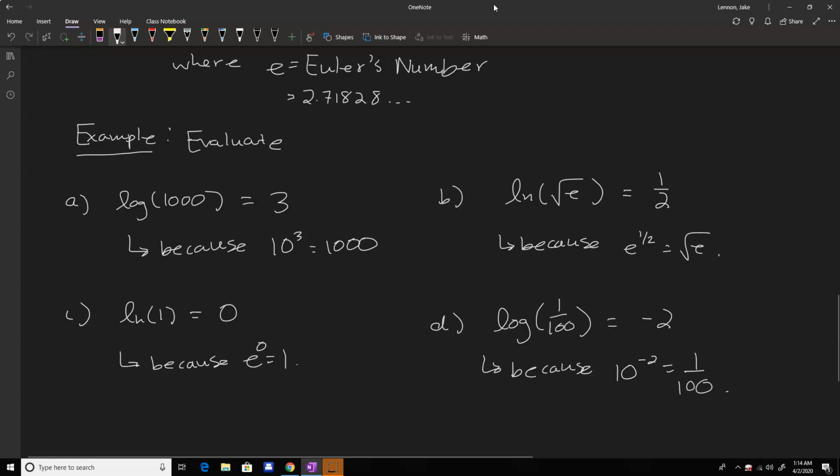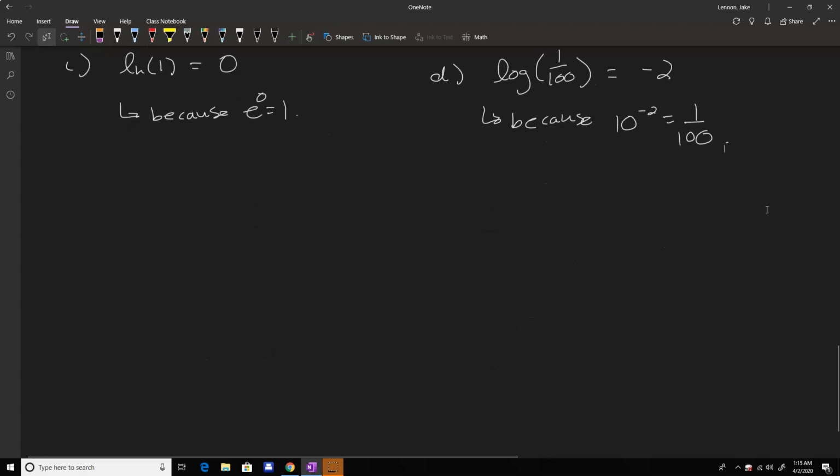Let's try to draw a couple of graphs. So let's do a couple examples there.